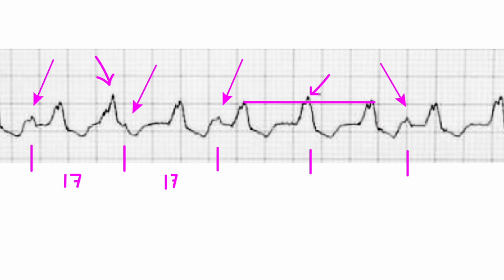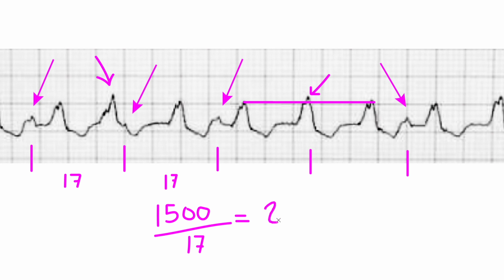This level of discernment, just eyeballing things and trying to figure out what's in front of you, is absolutely necessary when you're dealing with ECGs. So it looks like we do have atrial activity, and I'm going to use the 1500 rule. I'm going to take 1500 to measure the rate of this atrial activity, divided by 17. I'm not that good at math, so I'm going to use my calculator here.